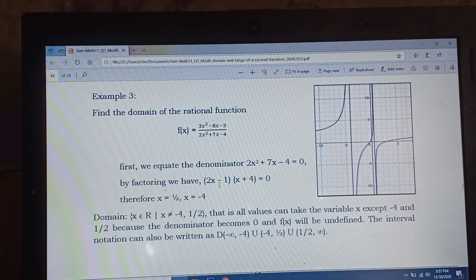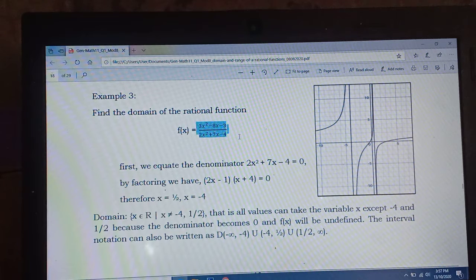Example 3, find the domain only, because this function is a complicated one. But we can have the domain only. That is, the denominator is 2x squared plus 7x minus 4. How do we have this?